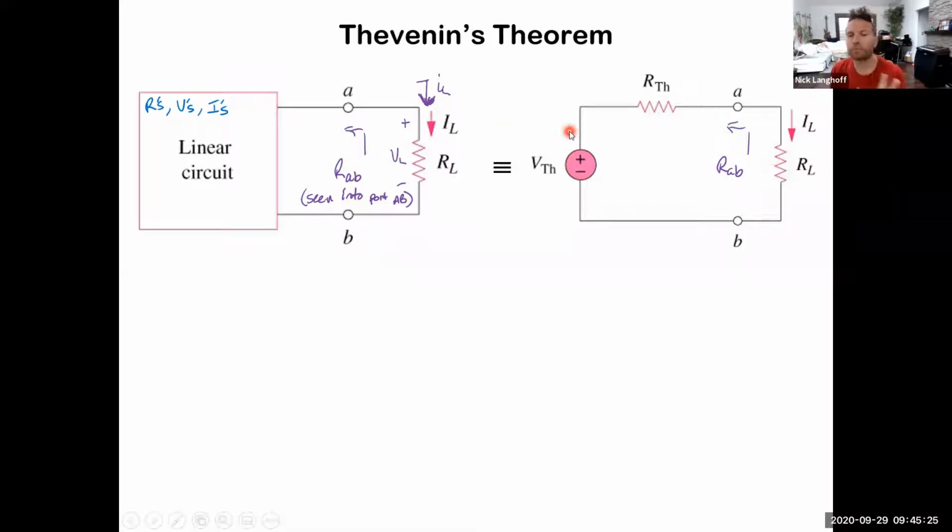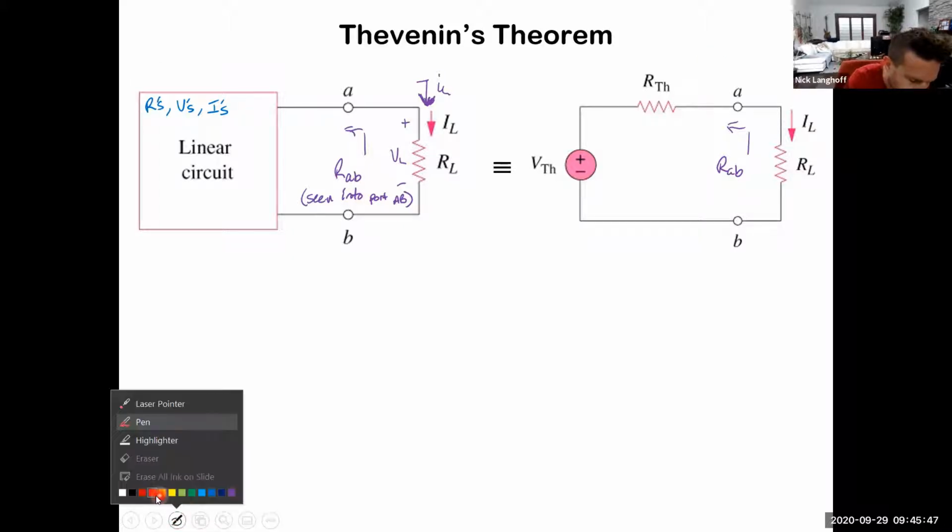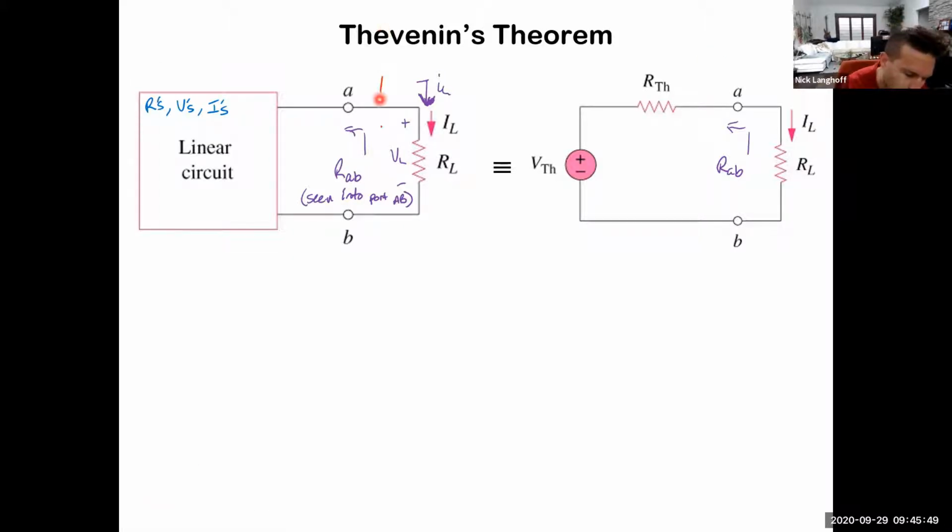The load, if it was a motor or if it was a speaker, the load itself, what it, quote, sees, it doesn't really know anything about the rest of the circuit that's inside of this linear circuit. All it knows is what it looks like if you were to draw a dashed line here, and everything to the left of this dashed line, what does the load see looking this direction?